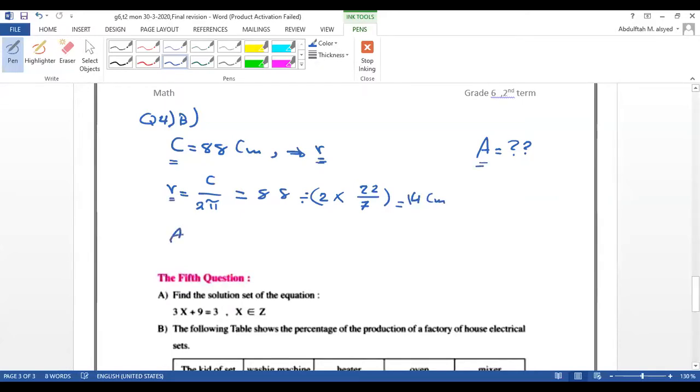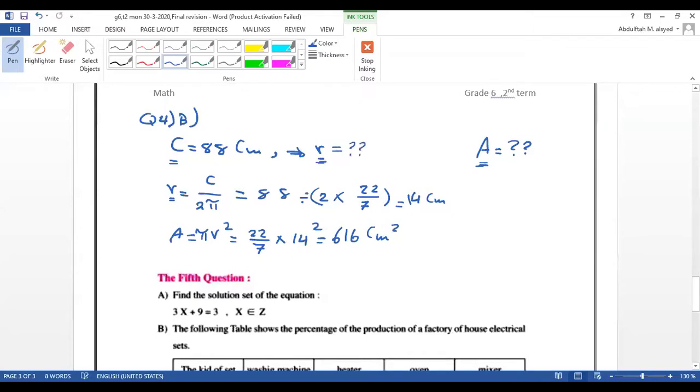Area equals pi r squared, where pi is 22 over 7 times r squared, which is 14 squared, equals 616 centimeters squared.